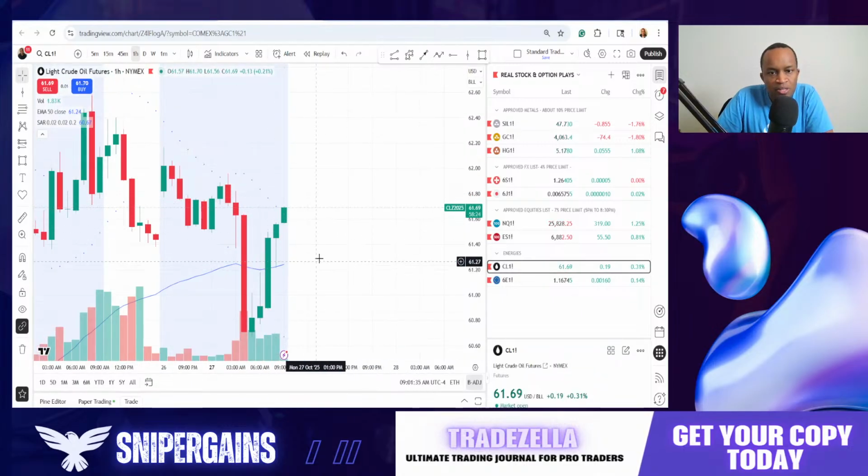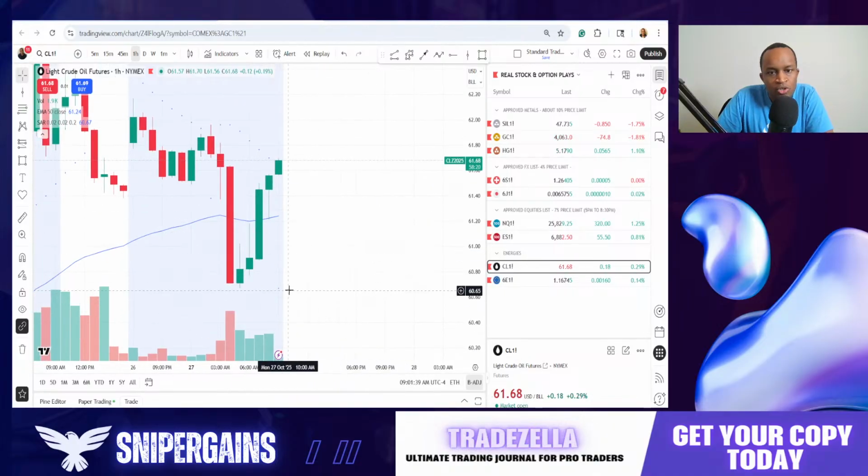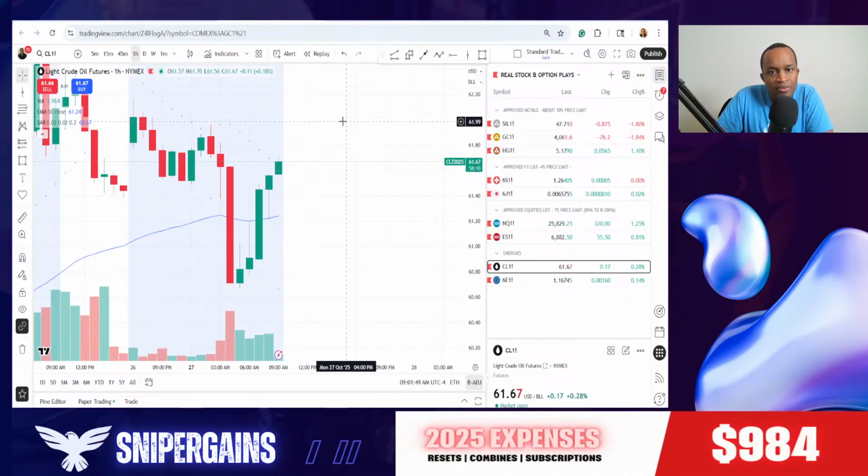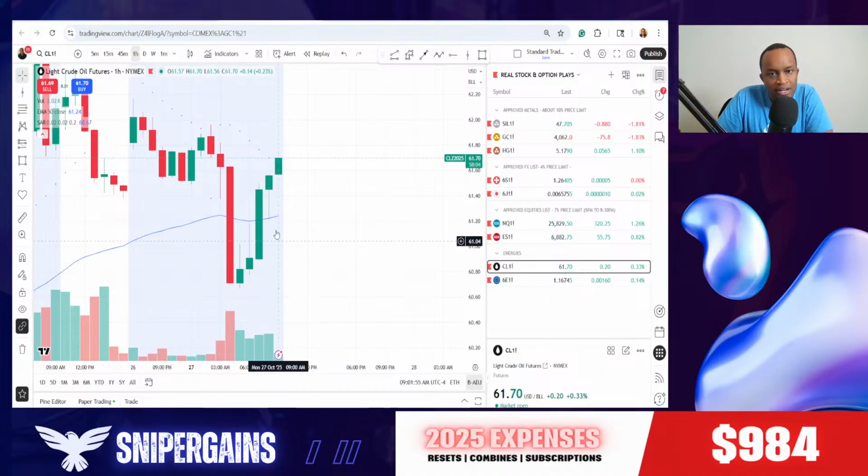The first one is going to be this one right here with crude oil. So crude oil has finally done the flip that I was looking for. It has a SAR dot right underneath. So technically, anything going this way would be more of a bullish bias, and both the 50 EMA and the SAR dot are confirming that, which is good.